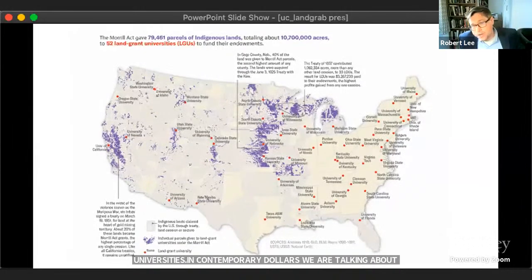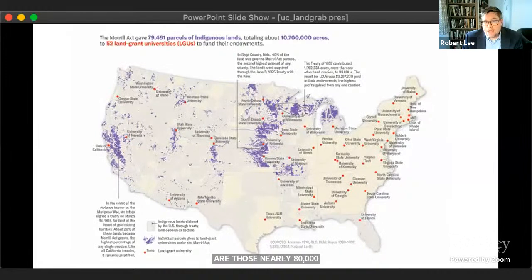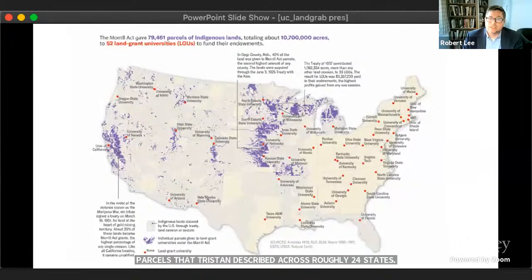And so what you're looking at on this map are those nearly 80,000 parcels that Tristan described across roughly 24 states. And what we have here is a sort of means to understand the relationships between indigenous dispossession and settler property creation through the Morrill Act.